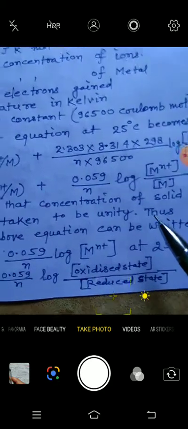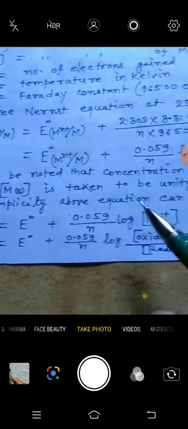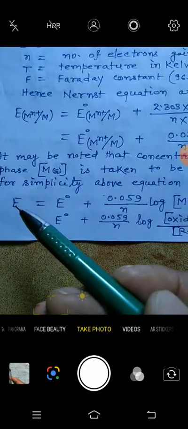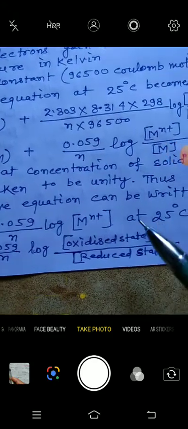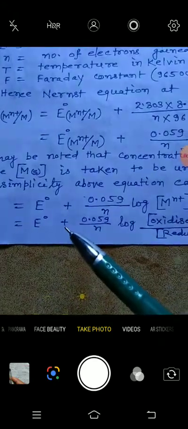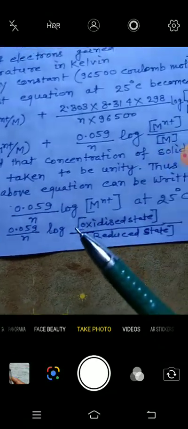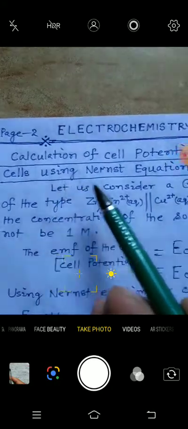Thus, for simplicity, the above equation can be written as E equal to E naught plus 0.059 by n log concentration of cation at 25 degrees C. Or, for your understanding, you can write this as log of the concentration of the oxidized state by the concentration of the reduced state.